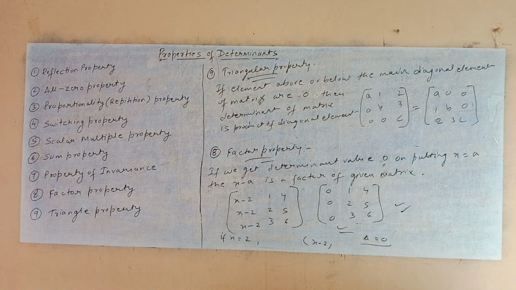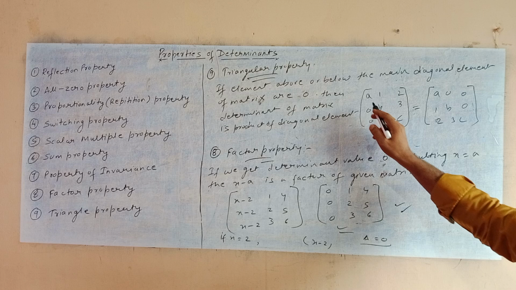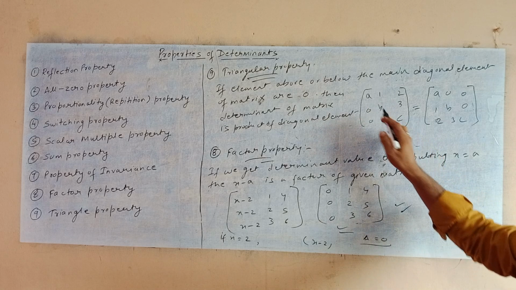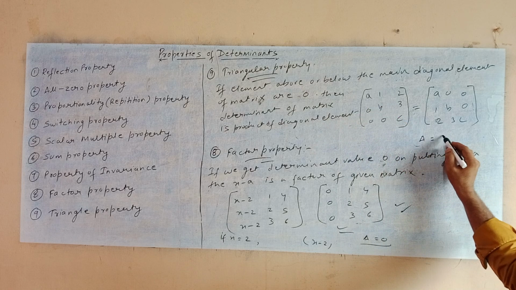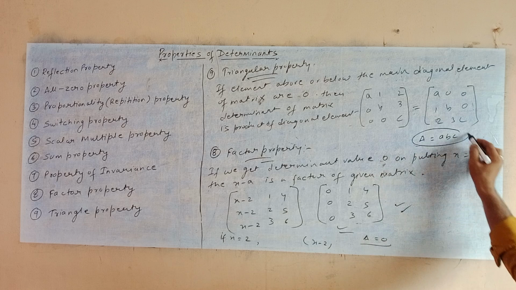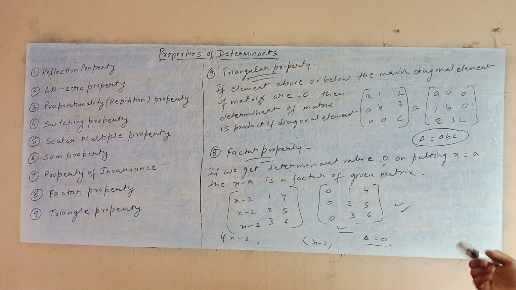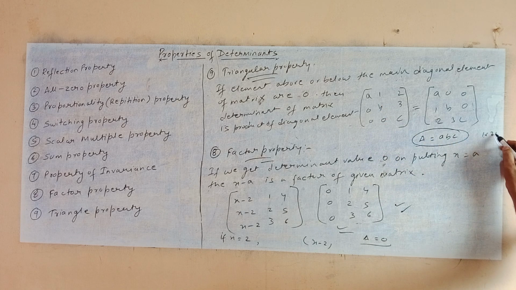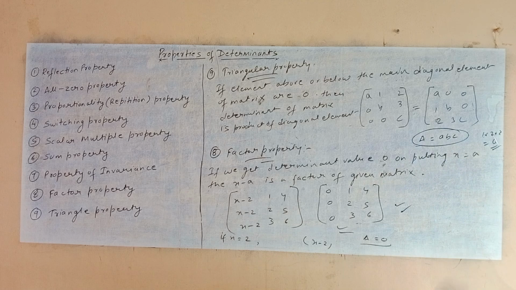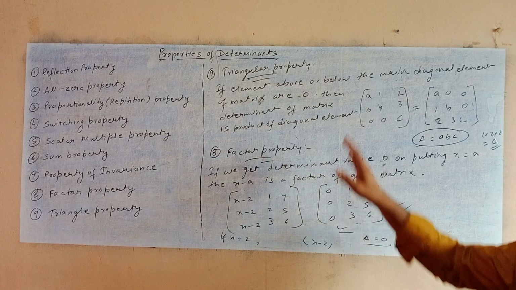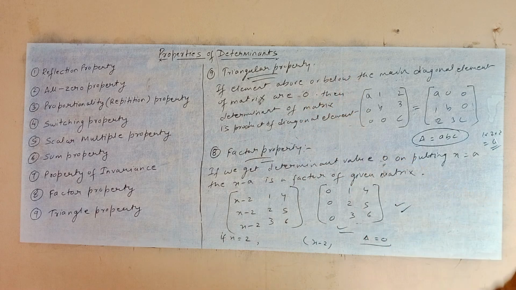Triangular property means if the elements above or below the main diagonal are 0, then the determinant of the matrix will be the product of the diagonal elements. So see here, what elements are written in the main diagonal? A B C. It means the determinant will be A B C. If 1 2 3 is written, then 1 into 2 into 3 means 6 will be the determinant. In this way you can find the determinant of a given matrix if that matrix follows the triangular property.